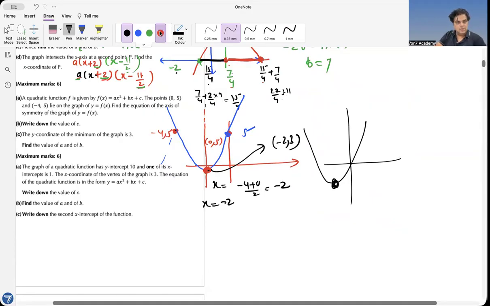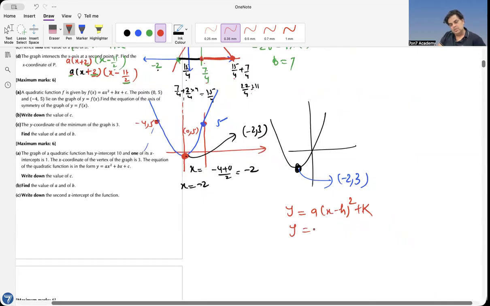You can write it in the form y is equal to a(x minus h) whole square plus k, where k is the y of the vertex. Here the vertex is -2 comma 3, so y is equal to a(x plus 2) whole square plus 3. Agree?